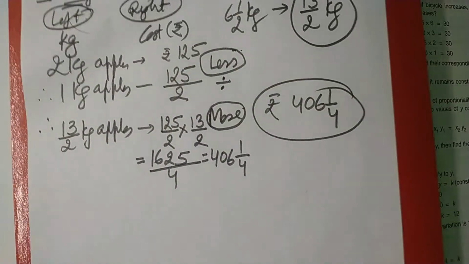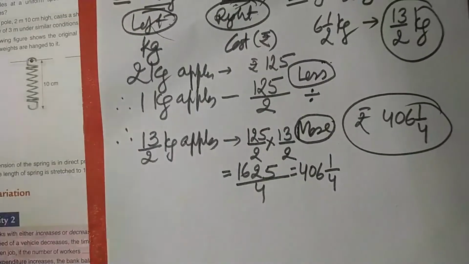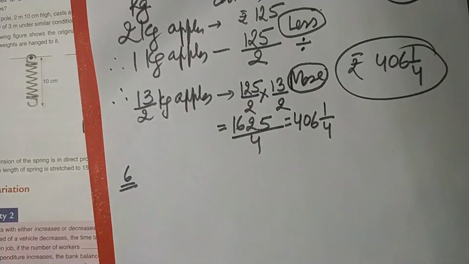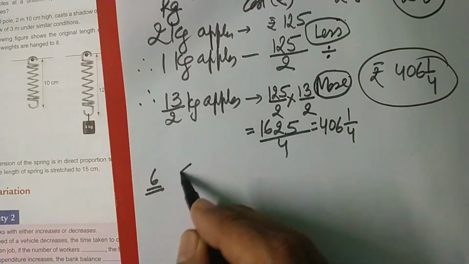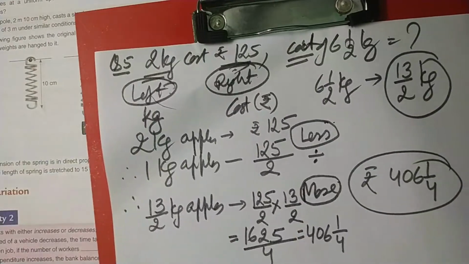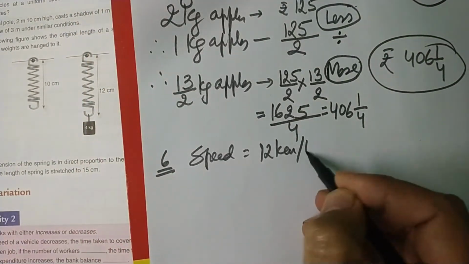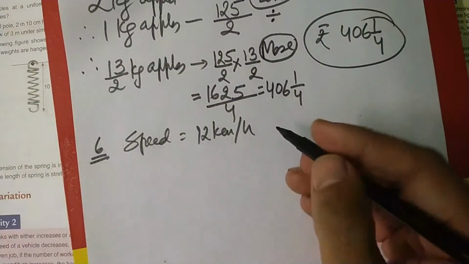You can see the explanation again and you will understand what the concept is. Now let's see question number 6. Question 6 says Amit cycles at a speed of 12 km per hour. What distance will he cover in 2 hours?